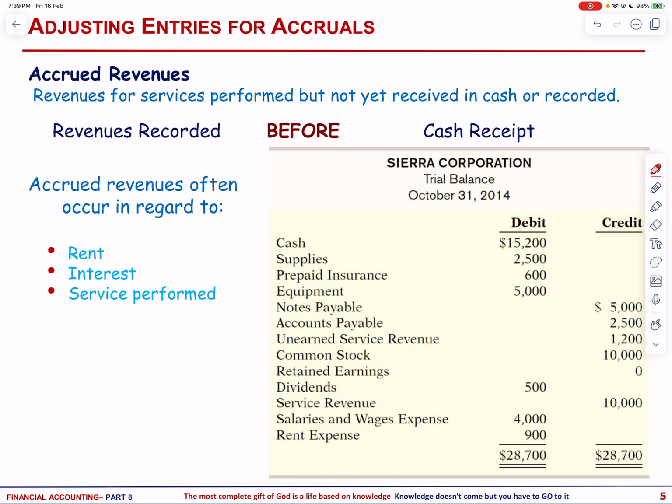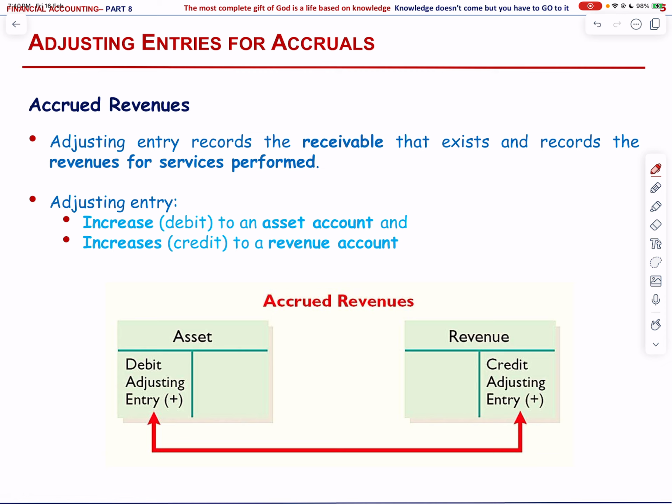We are going to use the same trial balance that we used while discussing the first part of adjusting entries, that is deferrals. The adjusting entry for accrued revenues increases the asset account, so we debit it, and the revenue account, we credit it, ensuring accurate reporting of both assets and revenues.